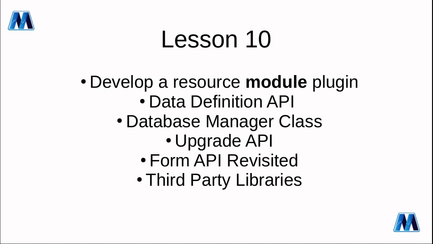We developed a resource module plugin, which we'll continue to do in lesson 11. We looked at the data definition API, including the database management class. We looked at the upgrade API. We revisited the form API, and we've just had a look at third-party libraries and incorporated it into our project.